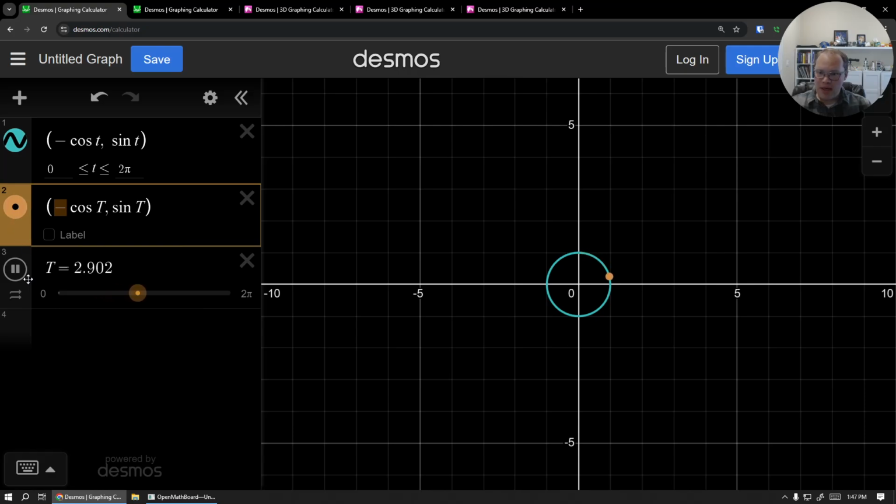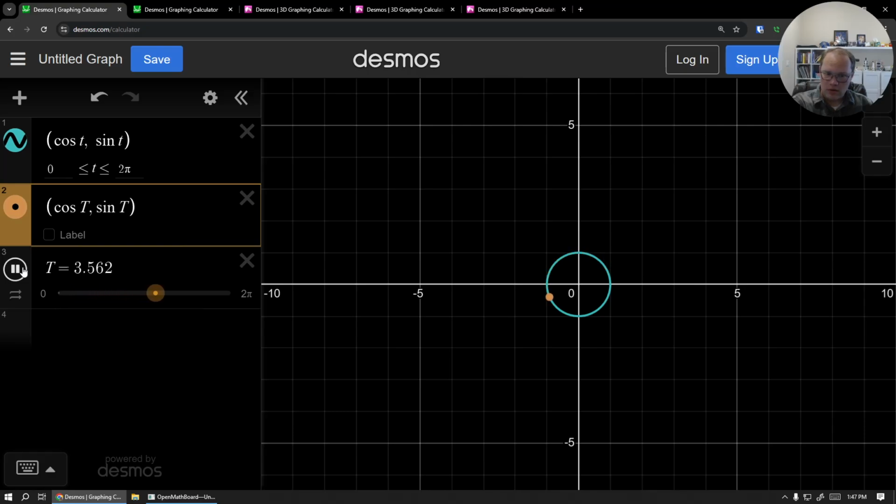So depending on how I find a vector valued function to traverse the curve, I could traverse it clockwise, like this. I'm sorry, counterclockwise, like that.